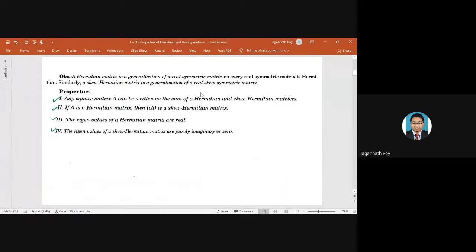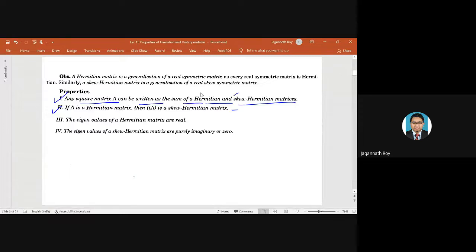So there are some very simple properties that we can see. This is just an easy verification that any square matrix can be written as a sum of a Hermitian and a skew Hermitian matrix.